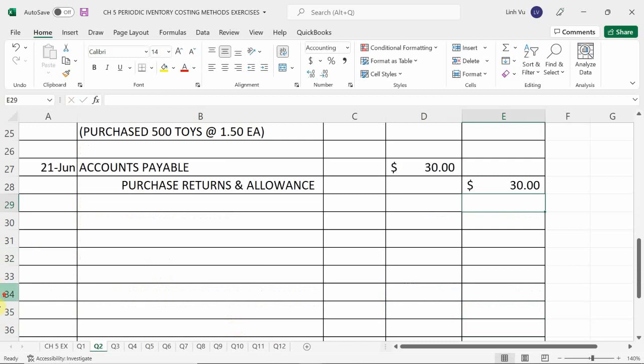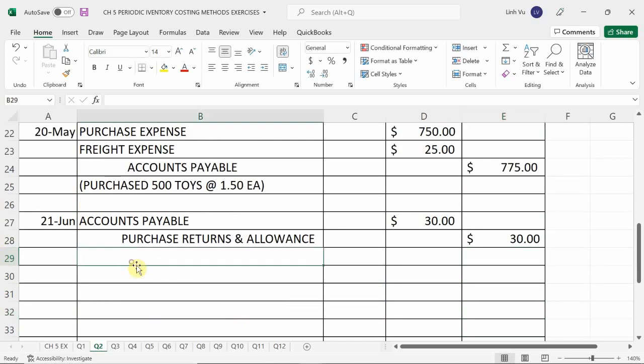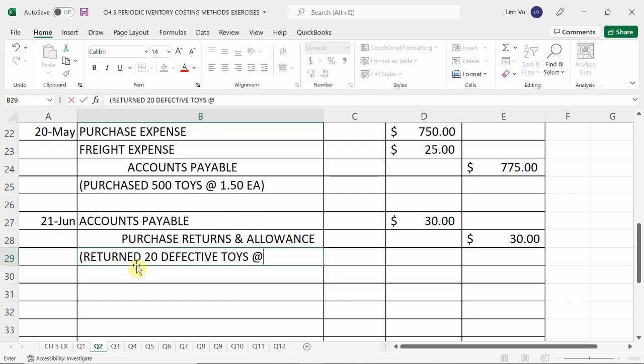And of course, I'm going to make my note to say here that I returned 20 defective toys at $1.50 each, full refund.